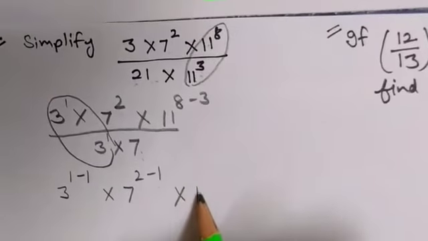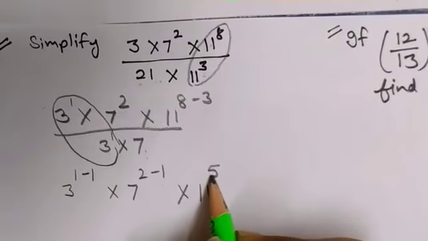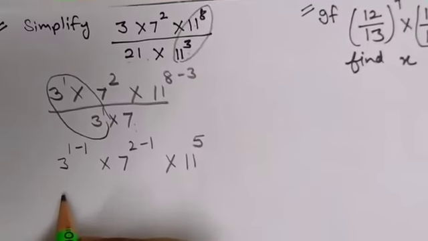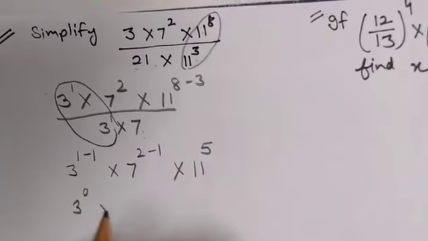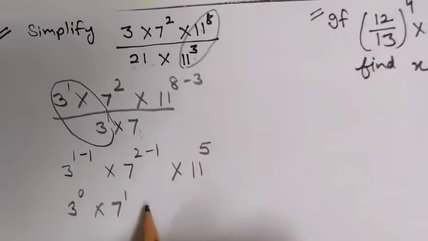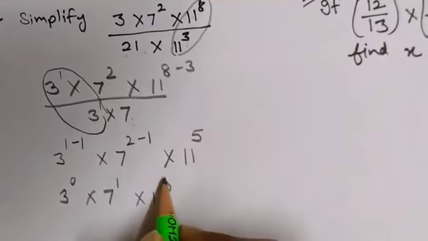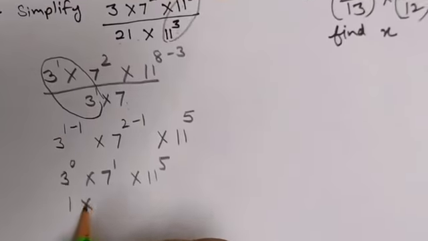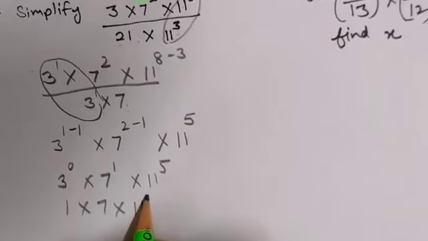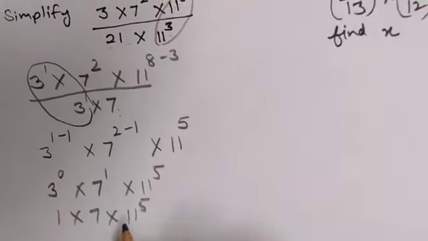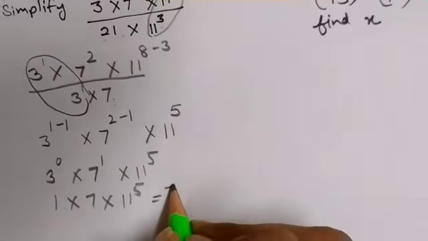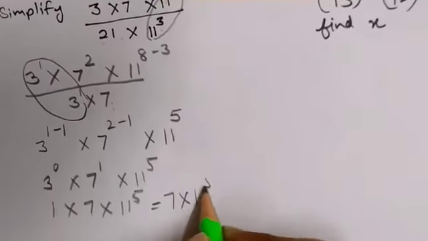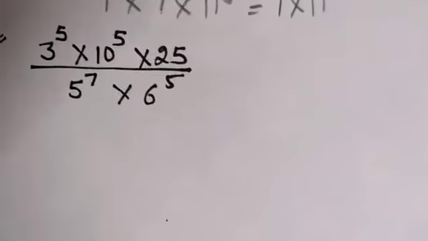Same as 11 raised to the power 8 minus 3, 5. We get the answer 3 raised to the power 0, 7 raised to the power 1, 11 raised to the power 5. That means answer is 1 into 7 into 11 to the power 5. That means answer is 7 multiply 11 to the power 5.